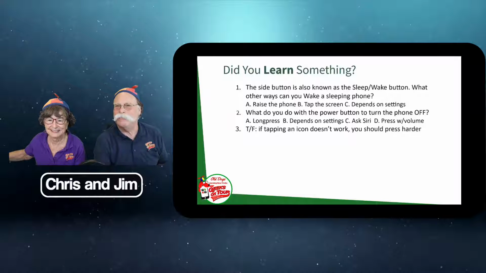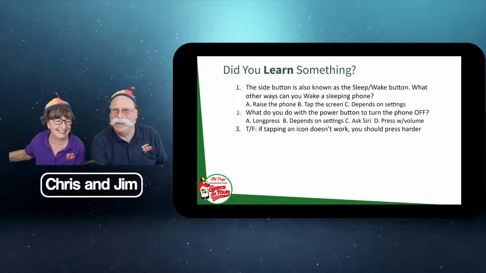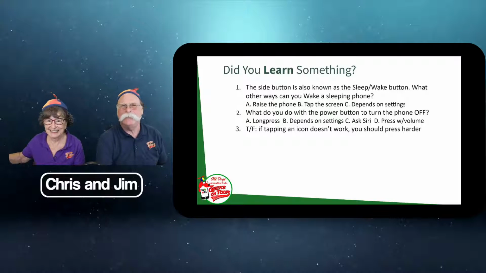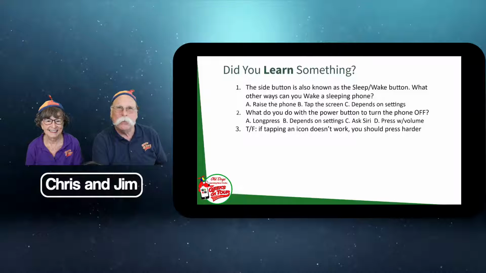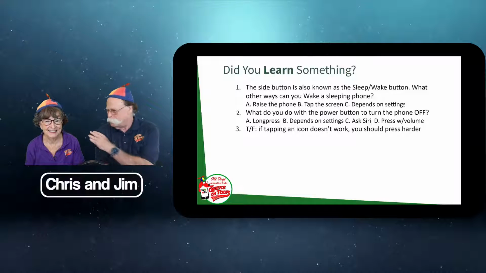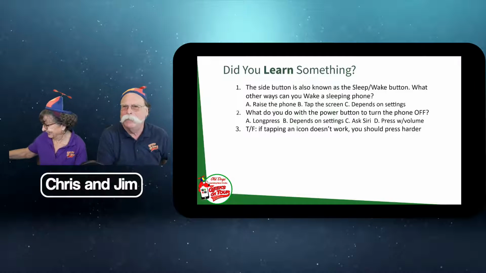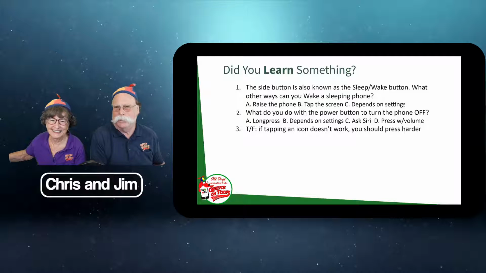Okay, true or false? If tapping an icon doesn't work, you should press harder. No! False. These things, they're sensitive. They want to be touched the way they like to be touched. Okay, nicely. Do it nicely.